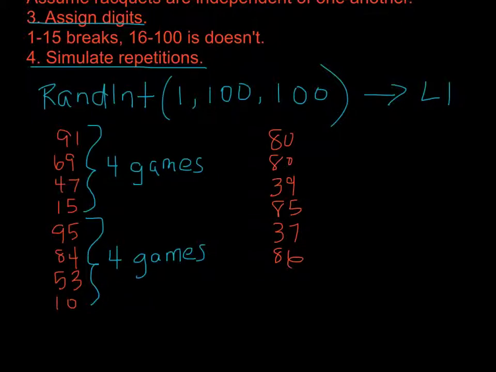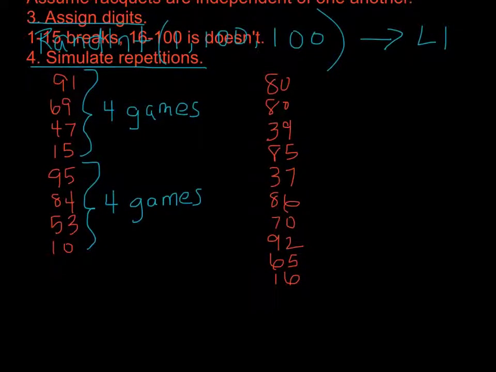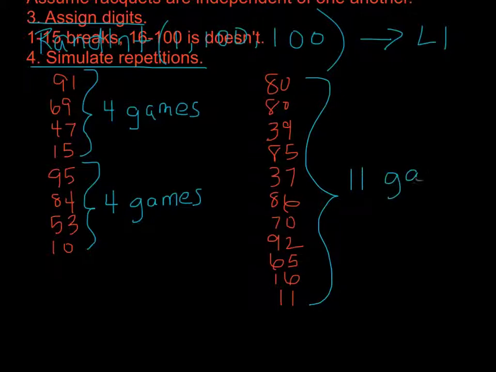So this one's lasting a little bit longer. 70, 92, 65, 16, still going, and then 11. So in this case, my third trial, it took me 1, 2, 3, 4, 5, 6, 7, 8, 9, 10, 11 games in order to get a racket that broke.